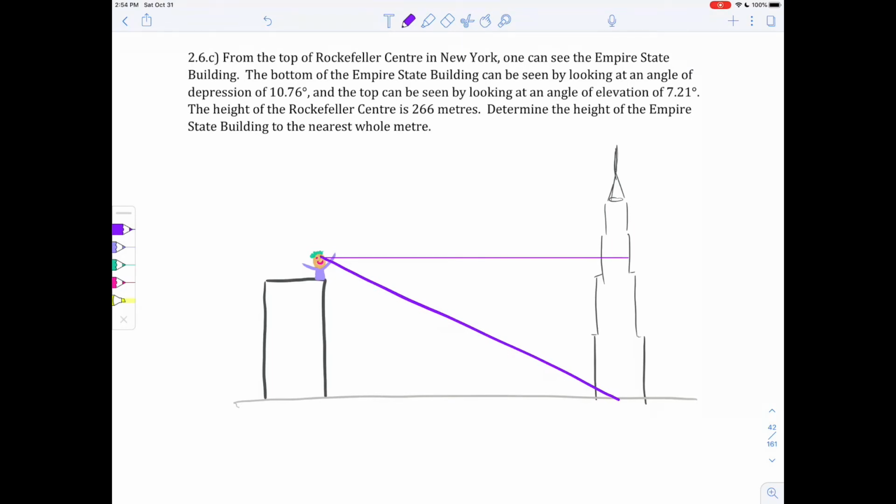And that angle of depression occurs between the two of them, so that 10.76 degrees happens here. It does not happen here.